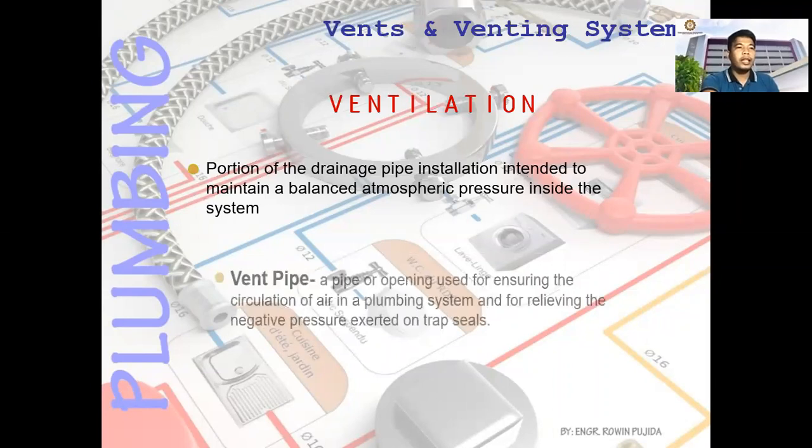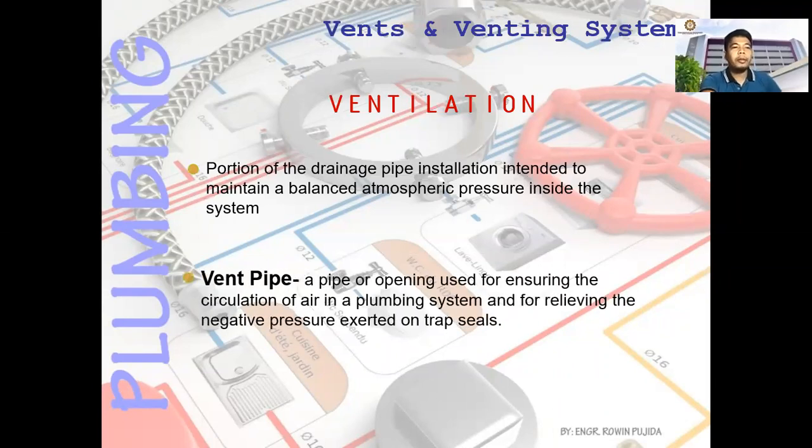That is ventilation. And then you have the vent pipe, a pipe or opening used for ensuring the circulation of air in a plumbing system and for relieving the negative pressure exerted on trap seal.